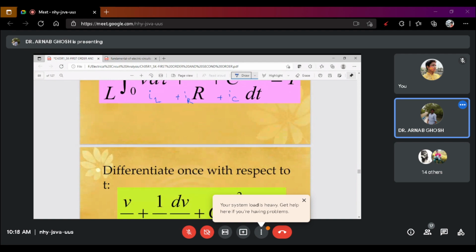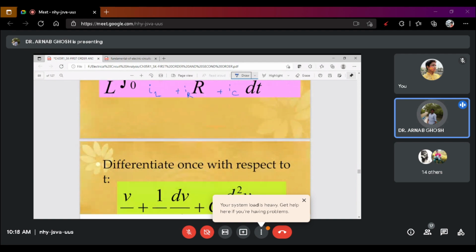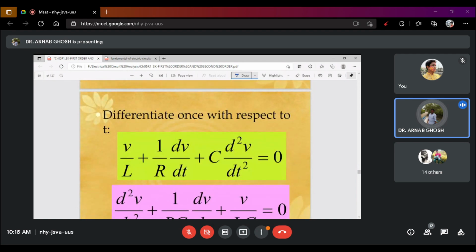Now what we will do, we will differentiate once with respect to t. So differentiating, this is getting V by L plus 1 by R dV by dt plus C d square V by dt square, and I was your constant, so this is coming out as 0.